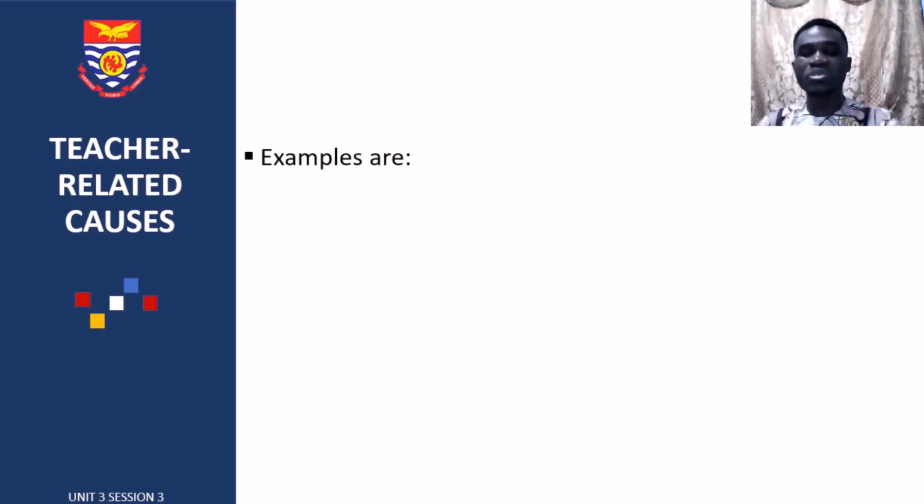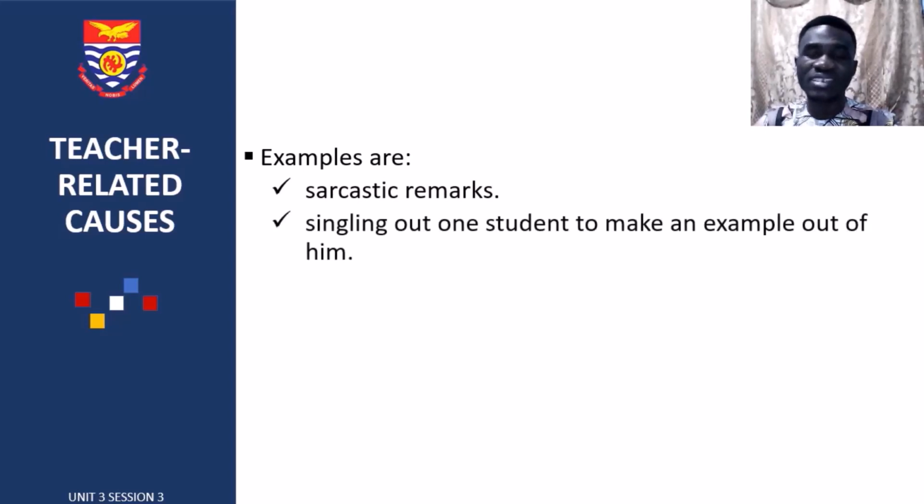Examples of such statements or comments include making sarcastic remarks, making remarks that students may not like, sometimes singling out one student to make an example out of him. You realize that if the student is not happy about that, then you should be ready to note that such students are going to misbehave in your classroom.